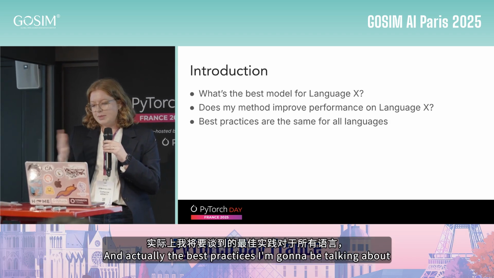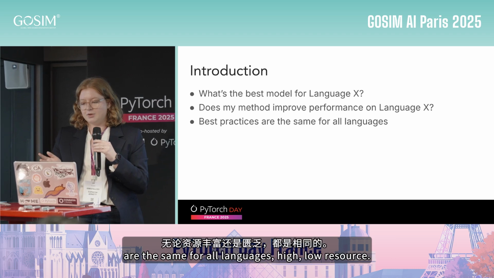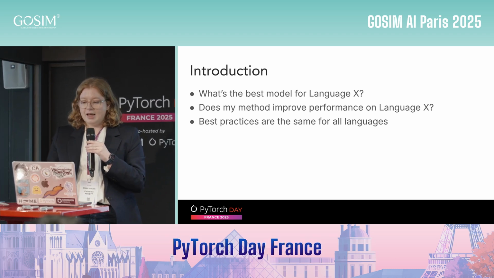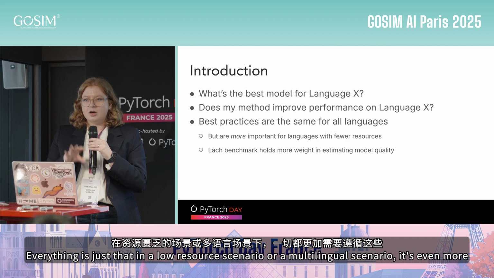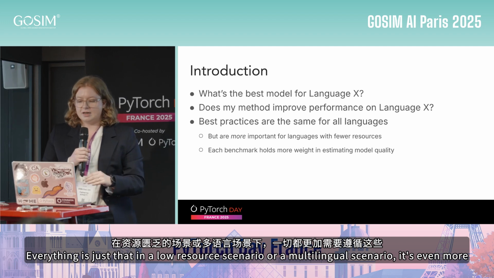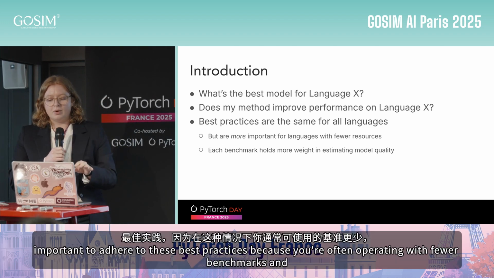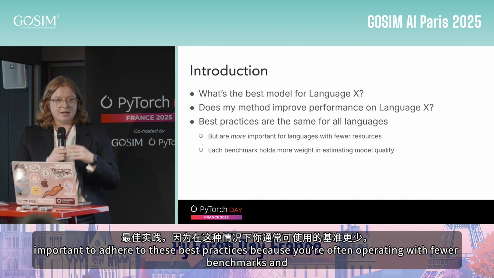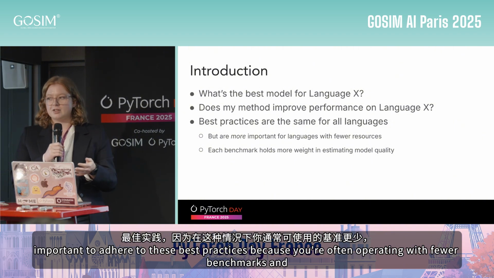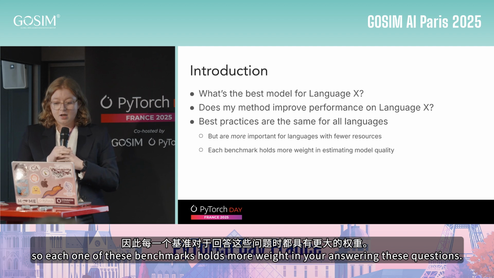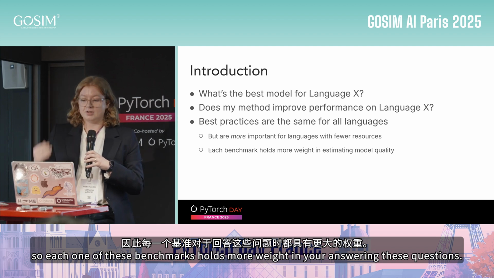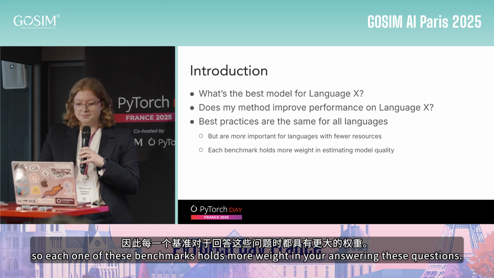The best practices I'm going to talk about are the same for all languages, high or low resource. It's just that in a low resource or multilingual scenario, it's even more important to adhere to these best practices because you're often operating with fewer benchmarks, and so each one holds more weight in answering these questions.